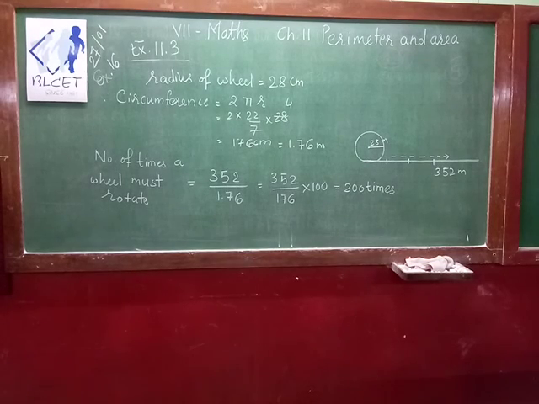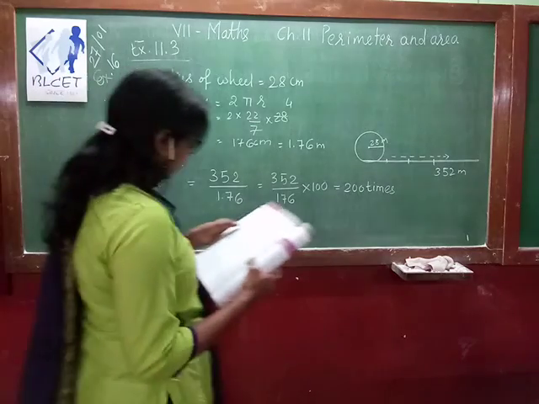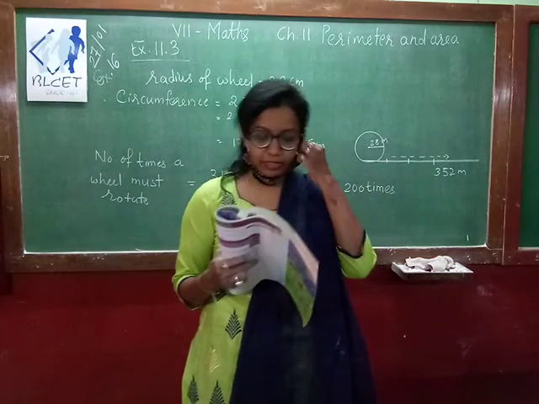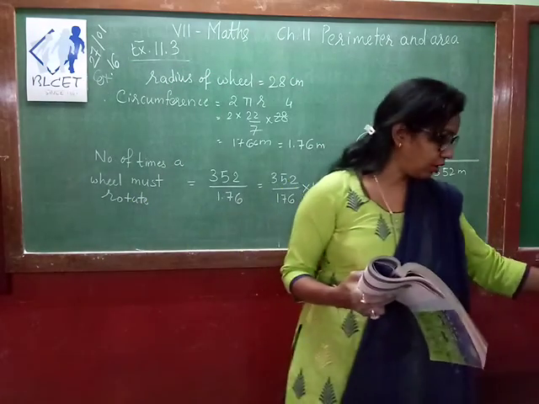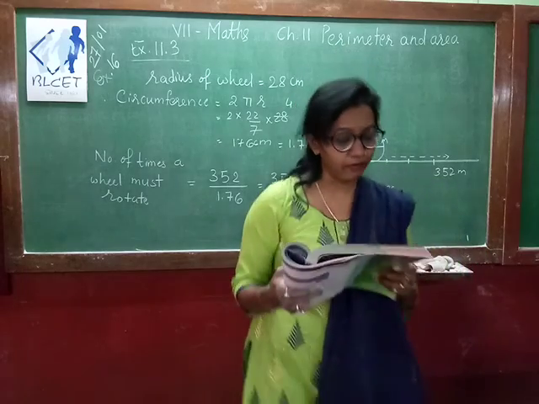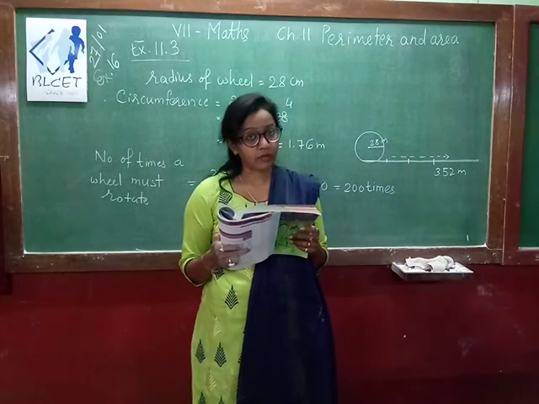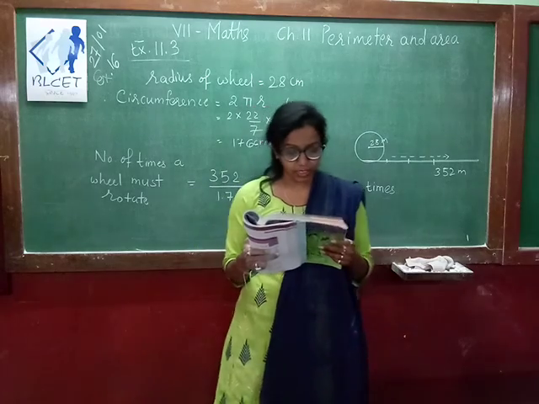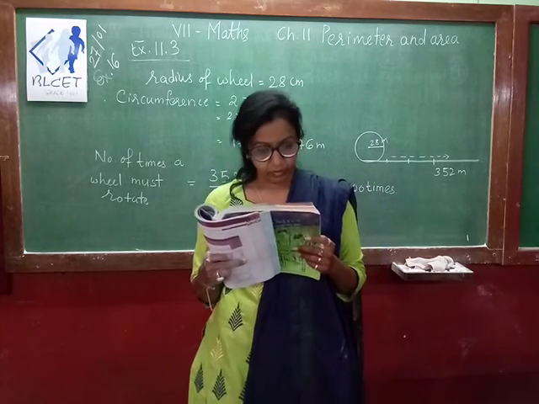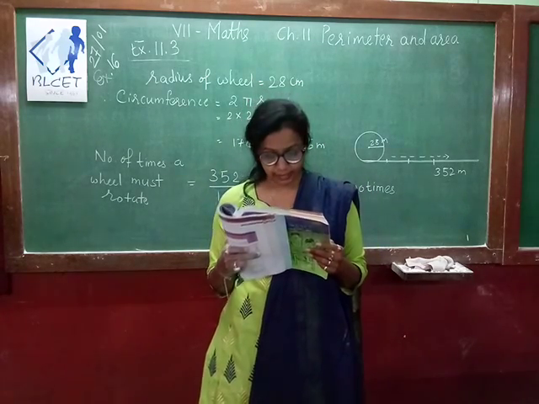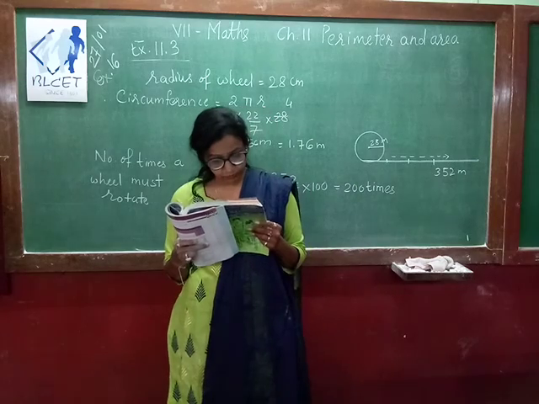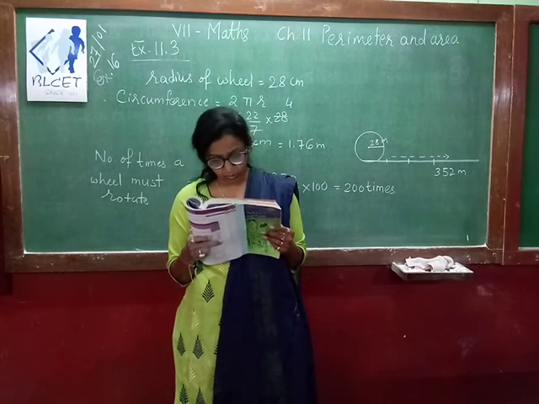See question number 16. Question 15, try to do by yourself. You are given a larger and a smaller circle. So you can find the circumference of the inner circle and outer circle with the help of the formula 2 pi r. Radius is given for both the circles. So what you have to do? Find the circumference of the inner and the outer circles.